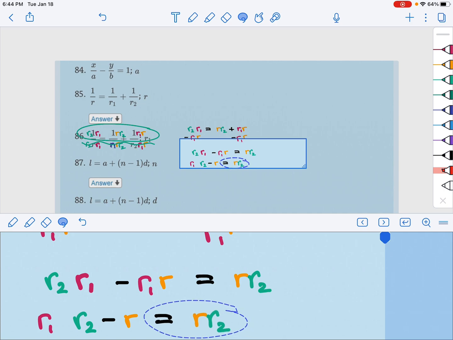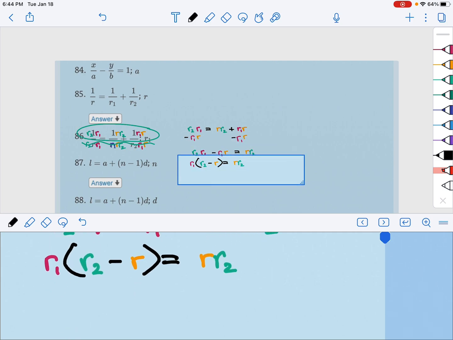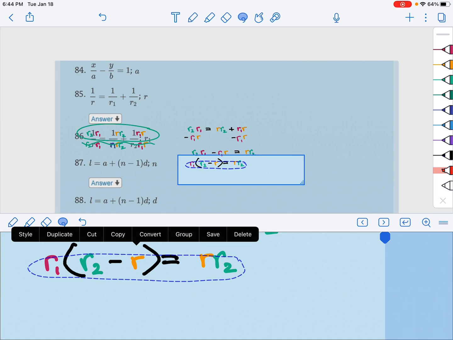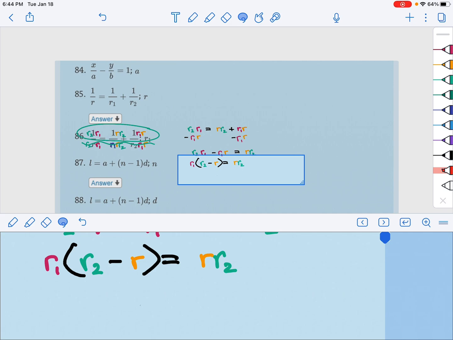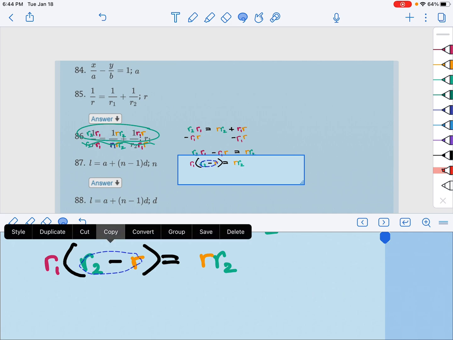Okay, there we go. Oh, and obviously don't forget your parentheses. So I factored out the R sub 1, and now I can divide both sides by R sub 2 minus R. That's not what I want to do. Do this.